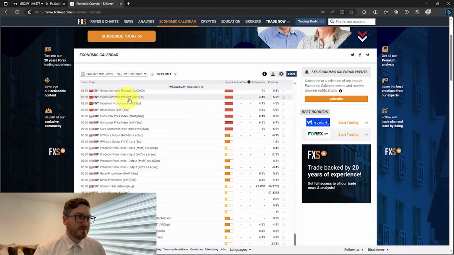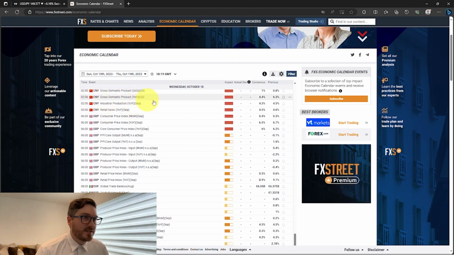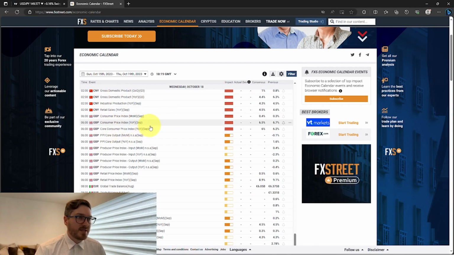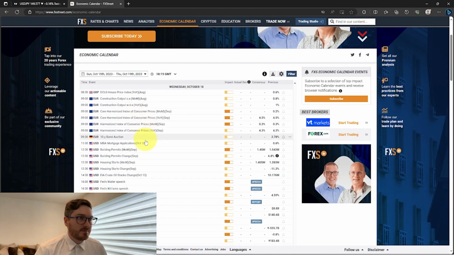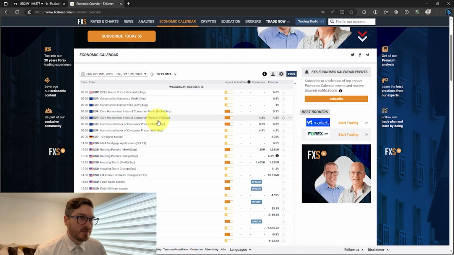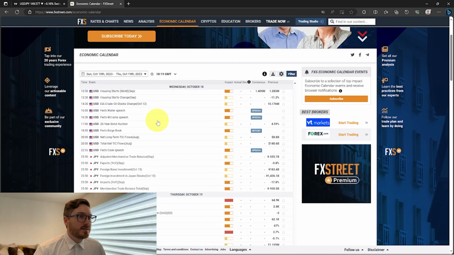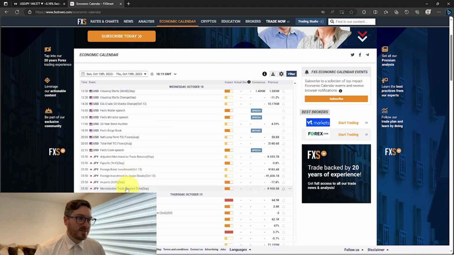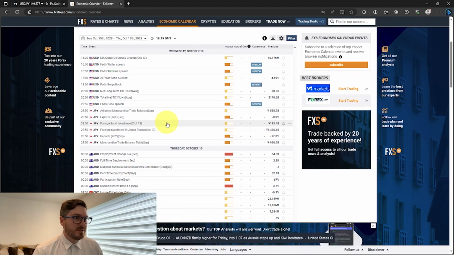Wednesday, we've got something from China coming out. We've got some more stuff from the pound coming out, CPI. We've got some more core harmonized index of consumer prices for the euro on Wednesday. We've got some more Fed speeches coming up for the dollar, and some import data and merchandise trade balance total for the yen.